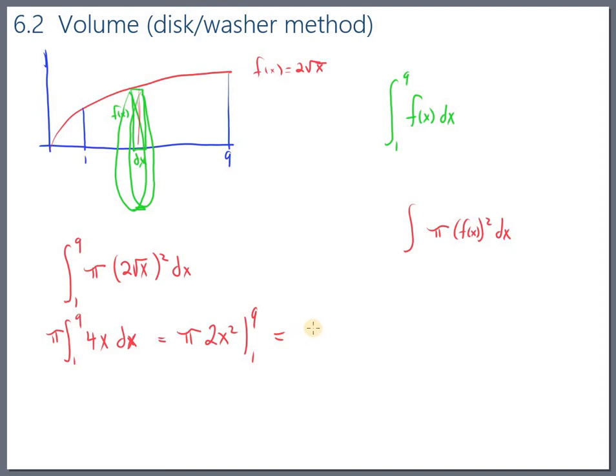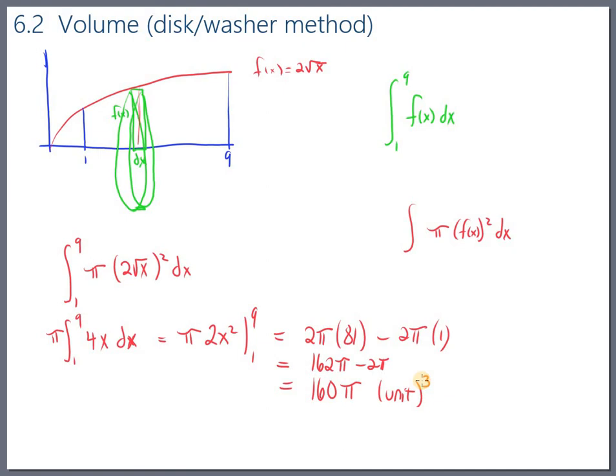No problem. I'm going to switch the 2 and the pi order. So 2 pi plugging in 9 would give you 81 right there, minus 2 pi plugging in 1 would give you 1. So we get 162 pi minus 2 pi for a total volume of 160 pi. And if we had units on this, keep in mind this is volume. So this would be like cubic inches or meters or whatever we're in.